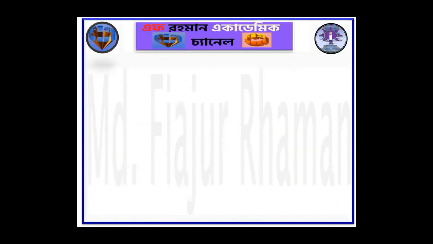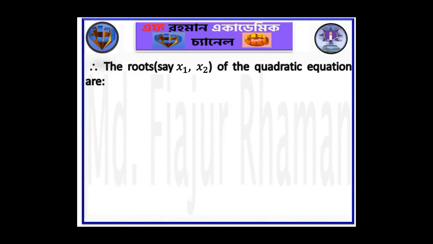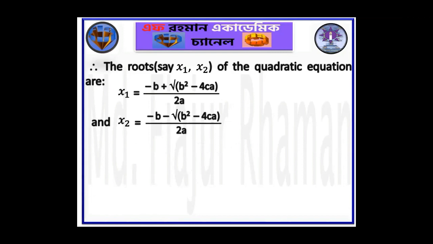Therefore, the roots, say x1, x2, of the quadratic equation are x1 is equal to minus b plus square root of b square minus 4ca by twice a, and x2 is equal to minus b minus square root of b square minus 4ca by twice a.